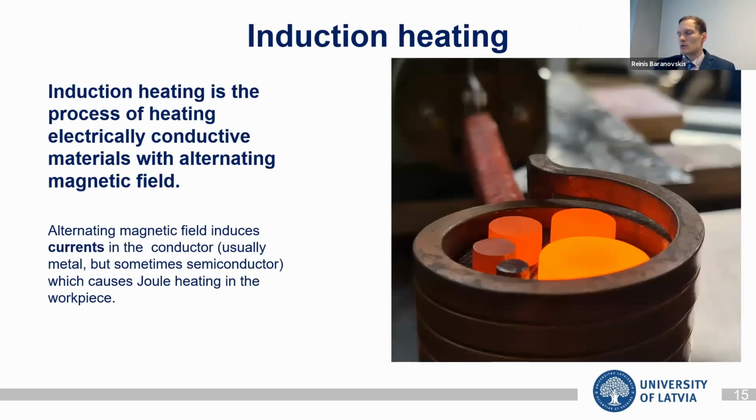And thus we come to induction heating, the process of heating electrically conductive materials with alternating magnetic fields. Usually a coil called an inductor creates this alternating magnetic field, which induces eddy currents in the workpiece, and that causes Joule heating. This method is mostly used in metals, but it can also be used in semiconductors when sufficiently high temperatures are reached.